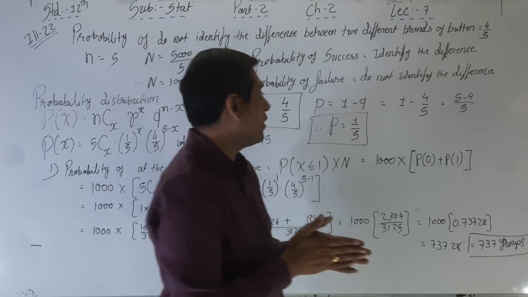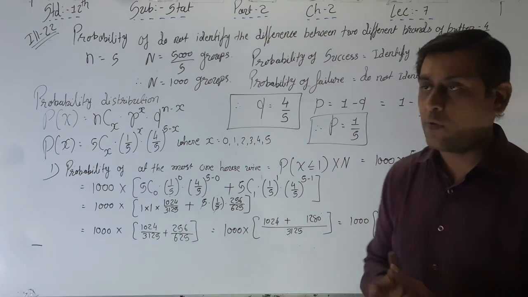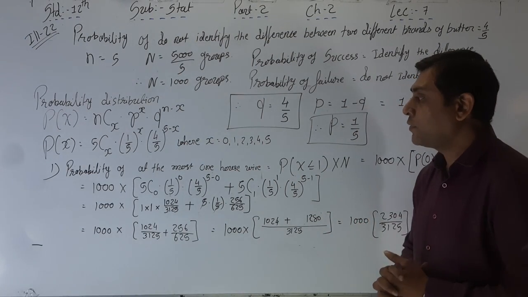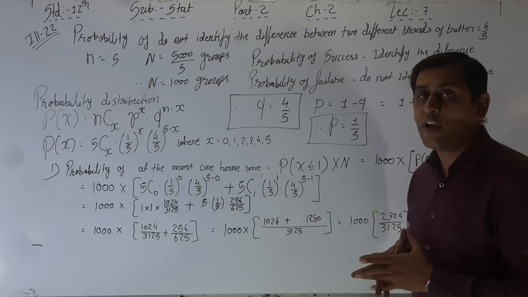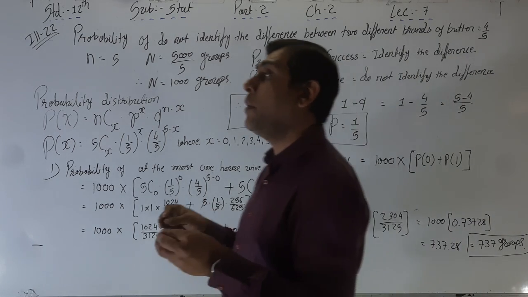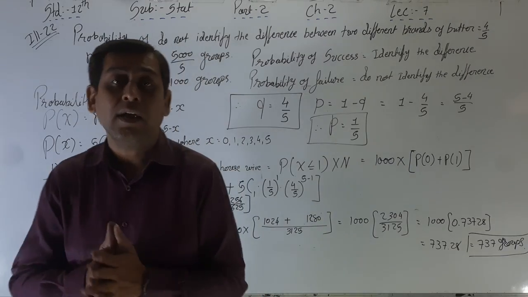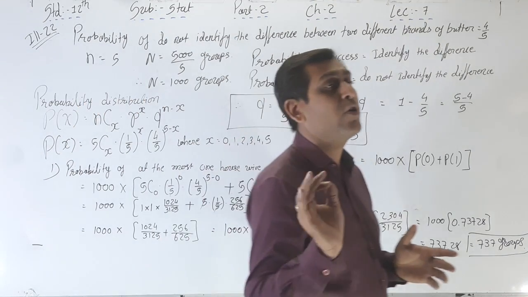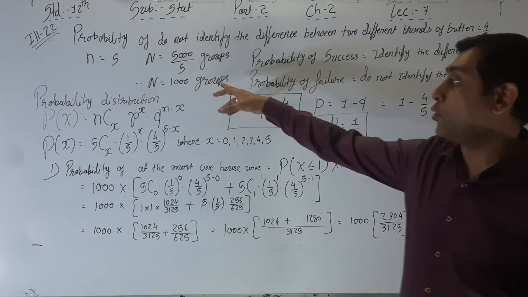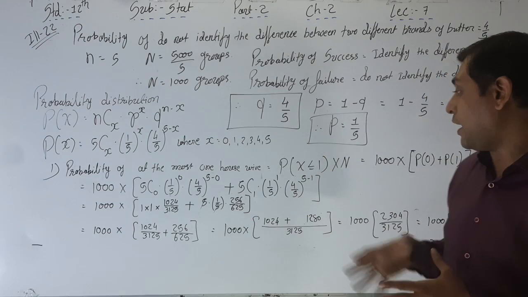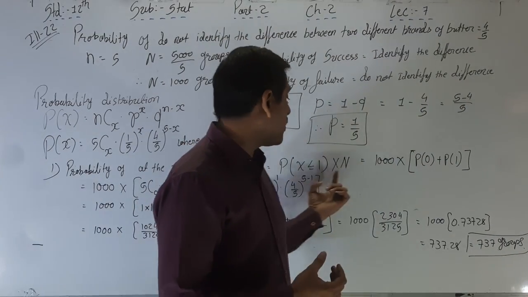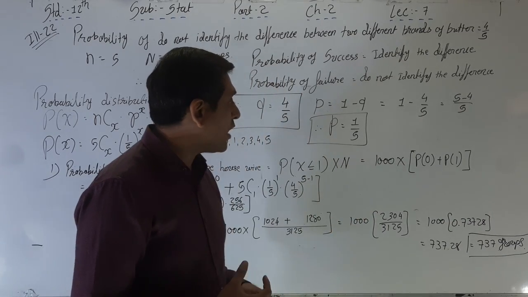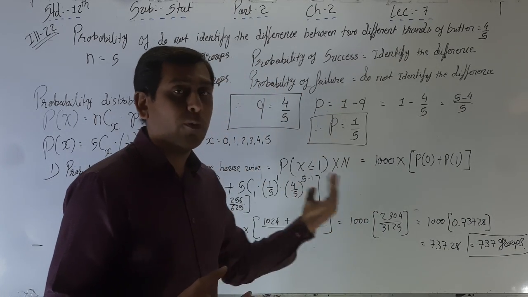Okay, so first of all, write down this and then we will discuss the second question. See, the probability of at the most one housewife is P of X less than or equal to 1. But here the question is in how many groups? That's why we have to multiply with the groups. How many groups? 1000 groups are there. That's why we have to multiply with 1000: 1000 into P of 0 plus P of 1.